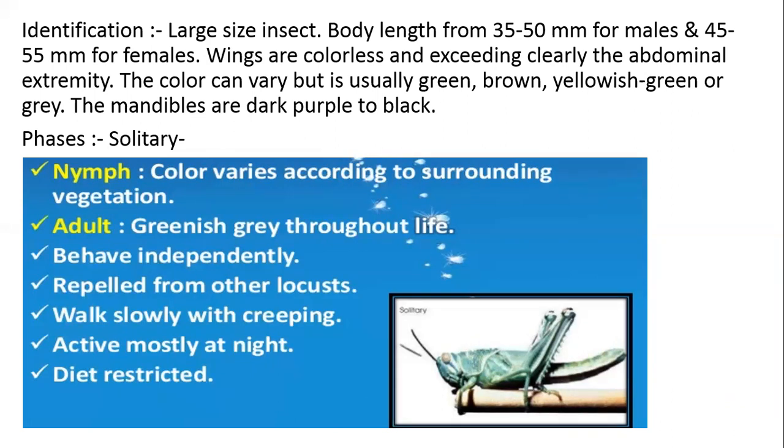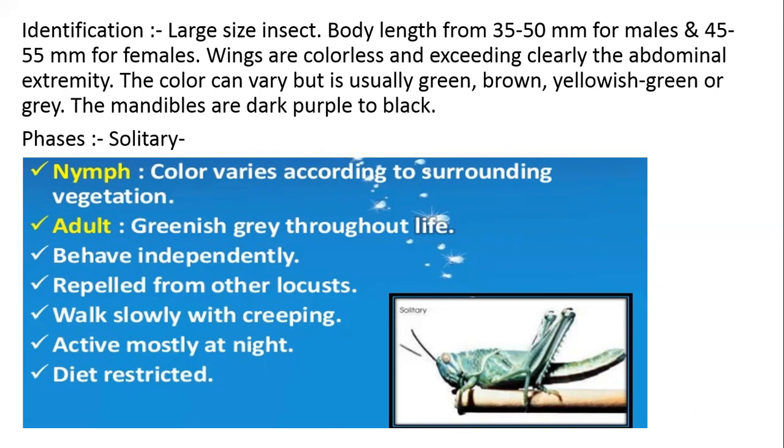The phases of locust. अभी हमने बात की थी कि 2 फेज हैं, पहली solitary phase और दूसरी gregarious phase. Here the detail of solitary phase is given in the slide.